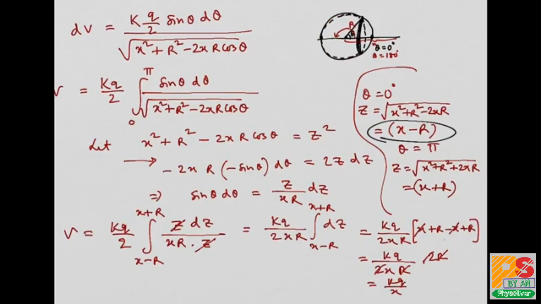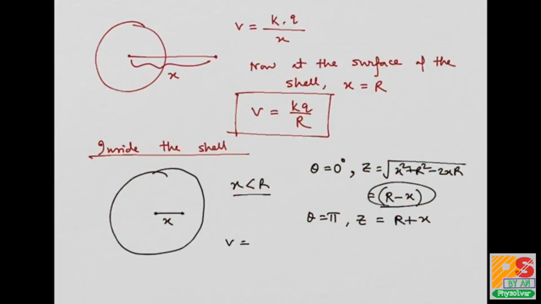Therefore this expression will become V equals kq by 2xr integration dz. The lower limit is r minus x, upper limit is r plus x, so kq by 2xr, this thing will become 2x.